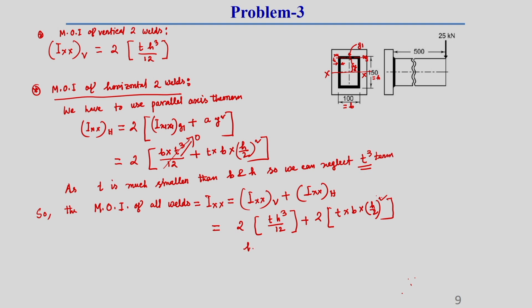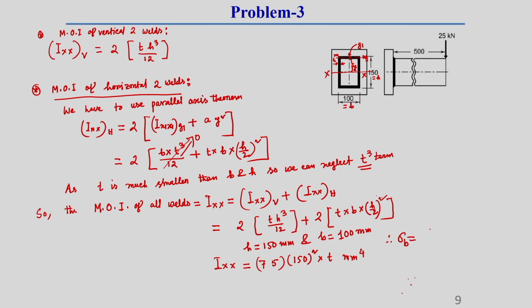So, by putting h equal to 150 mm and b equal to 100 mm, we get Ixx, directly I am just putting the thing. So, Ixx equal to 75 into 150 whole square into t millimeter to the power 4. So, we can easily find out sigma b, that means bending stress.